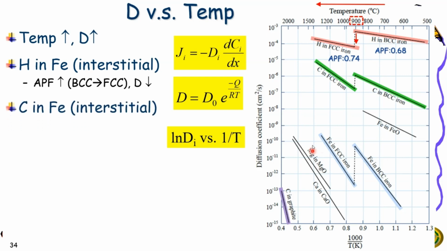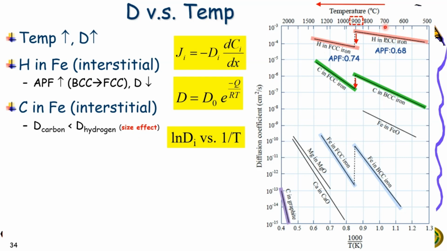Now let's move to the next comparison. This is hydrogen in iron, and this is carbon in iron. Diffusion of hydrogen is faster than the diffusion of carbon in iron. Why? Because hydrogen is smaller and carbon is bigger. This is what we call the size effect.